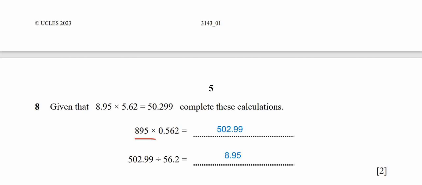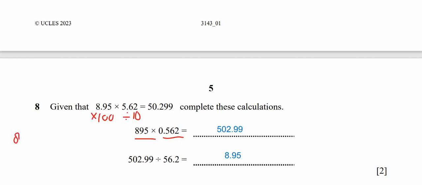It's actually 8.95 times by 100, so you get 895. And to get 0.562, actually we have to divide 5.62 by 10. So here's how it works.